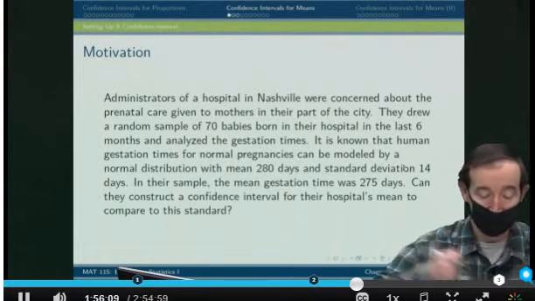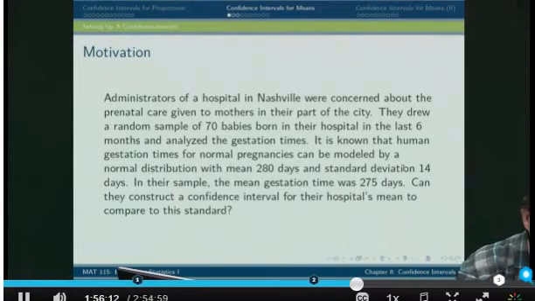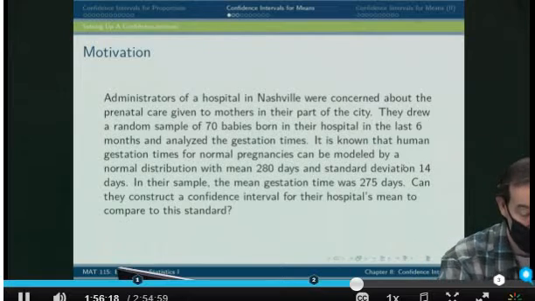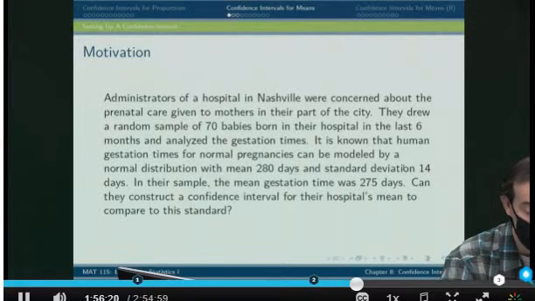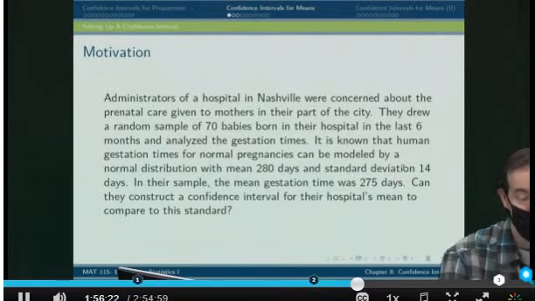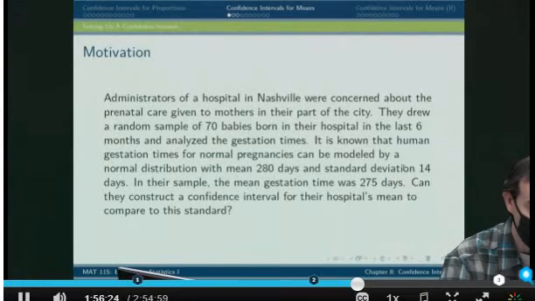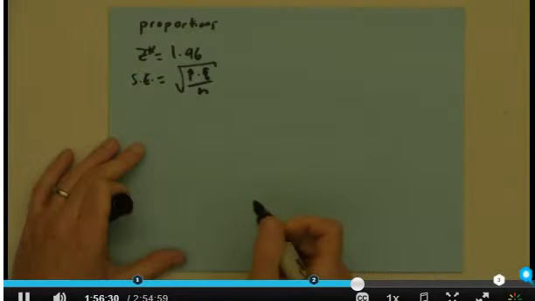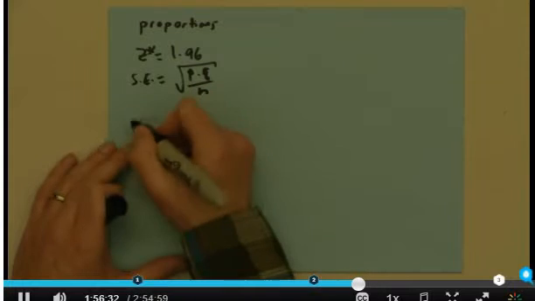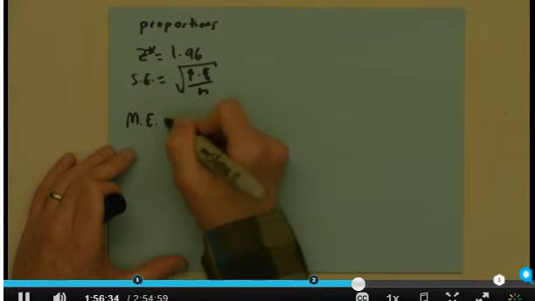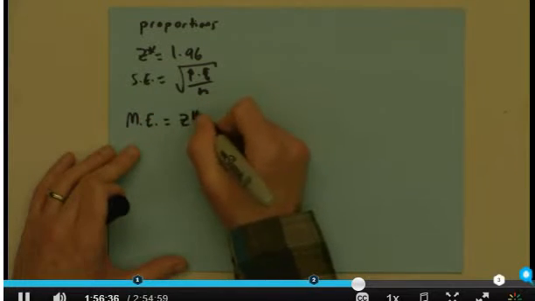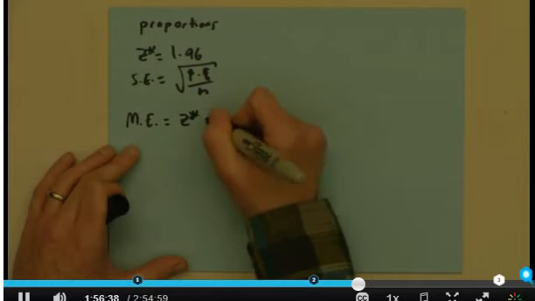So let's think back. In the case of proportions, for 95% confidence, I use z star equals 1.96, and I use my standard error as the square root of p hat times q hat over n, and then my margin of error was z star times the standard error.